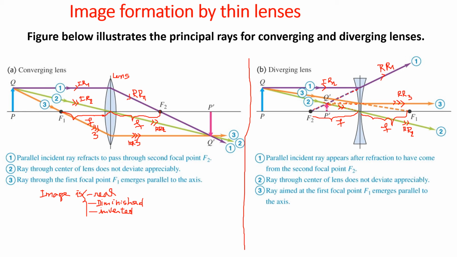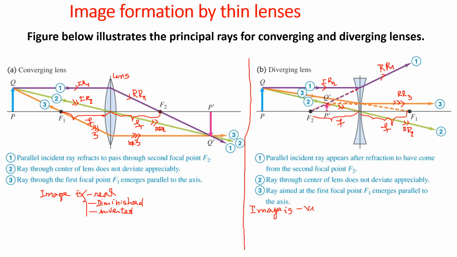Then for any position of the object, for any size of an object, for the case of a diverging lens, the image is always virtual.